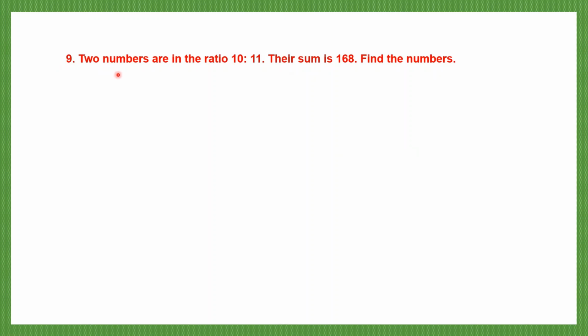Question 9. Two numbers are in the ratio 10:11. Their sum is 168. We have to find the two numbers. So the ratio between the two numbers given to us is 10:11. Let the numbers be 10x and 11x.